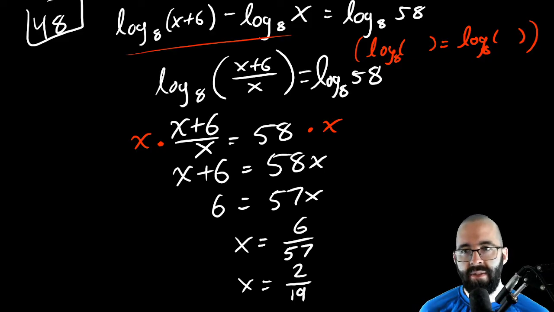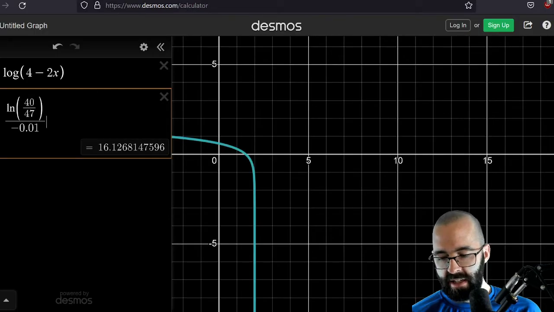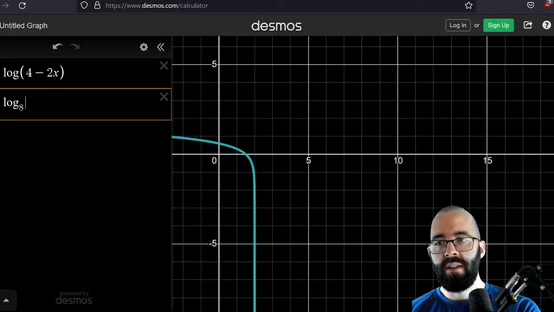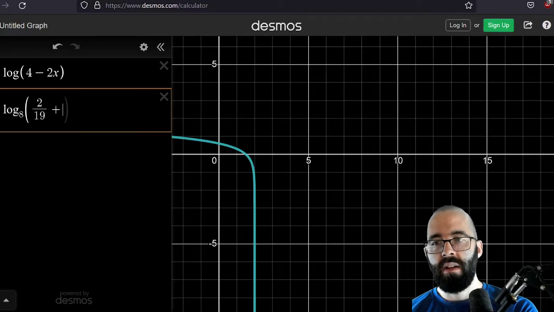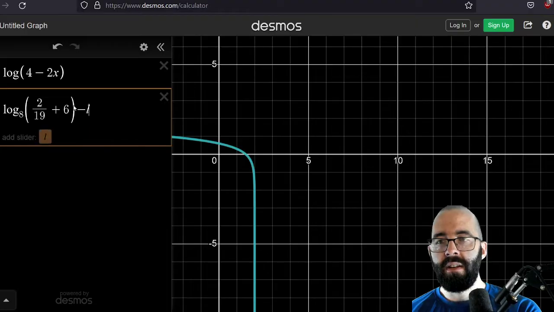I think. Well, I don't know. I think. Let's check our answer. All right, the left-hand side is log base 8 of x plus 6 minus log base 8 of x.